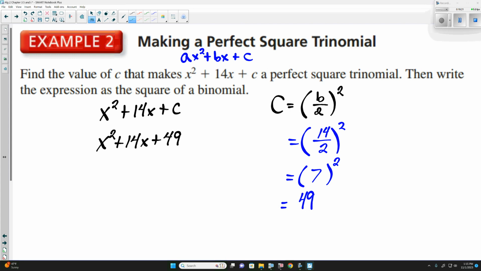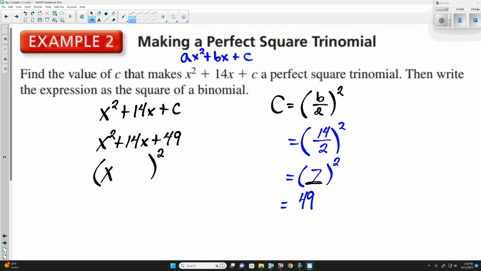So that's half of the problem here. Now it does say to write the expression as the square of a binomial. Binomial is two-termed, or just a set of parentheses squared. Now for all these here, when we rewrite it as a set of parentheses squared, we will have x, and then we will have a sign and a number. The sign and the number will always be whatever we have inside the parentheses before we square it.